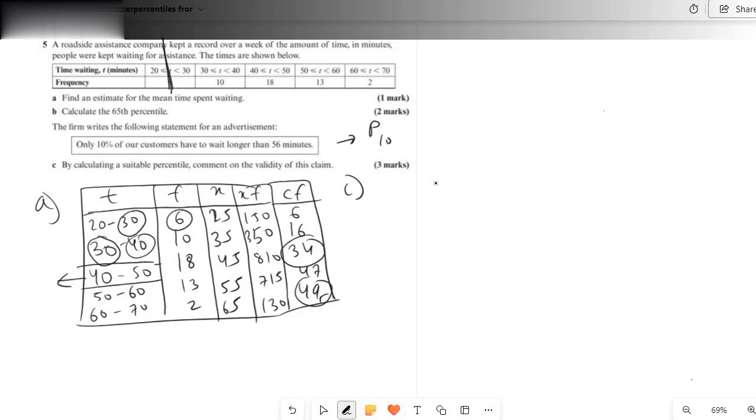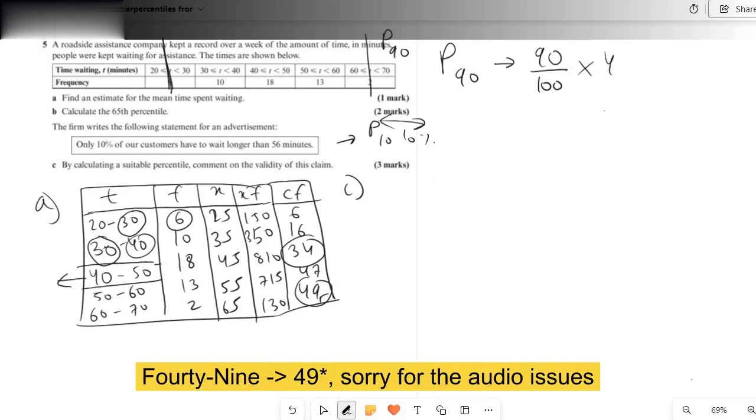Rather, what we have to do is calculate the value of P90, or see where P90 lies, because that will be the 90th percentile and the rest of the values will be 10%. And this is what we have to find. So we can find out the frequency for P90, or the 90th percentile, which should be at 90% of the total data.